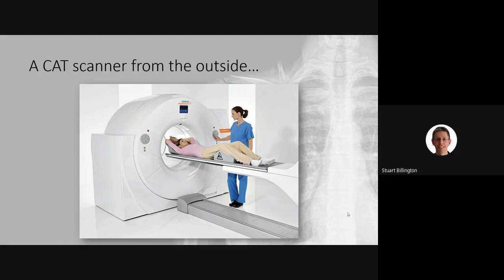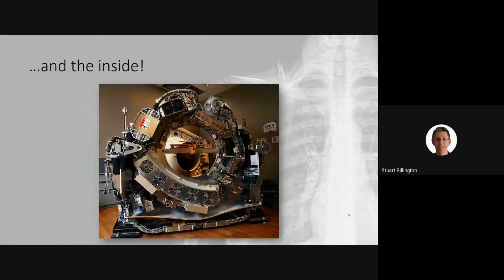It looks quite neat and tidy and almost simplistic from the outside, but if you have a look on the inside, you can see all of the engineering know-how that's gone into making that thing, with all of those electronics and other components scattered around the patient. So we're going to have a little look today about what a CT scanner does and a little bit about how it works.